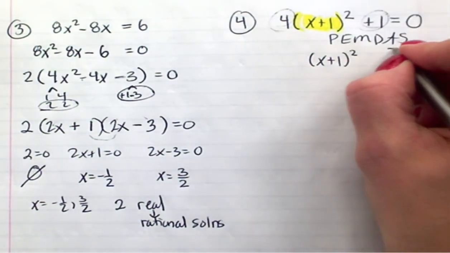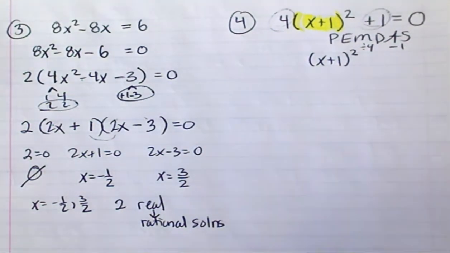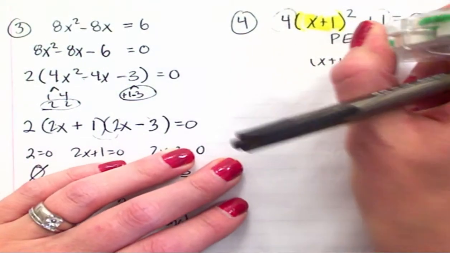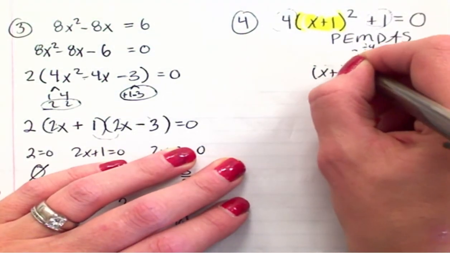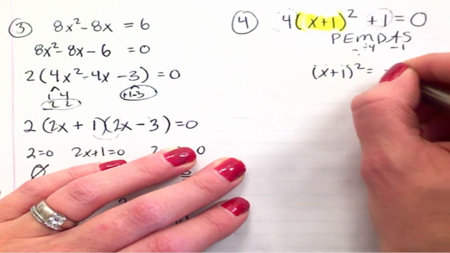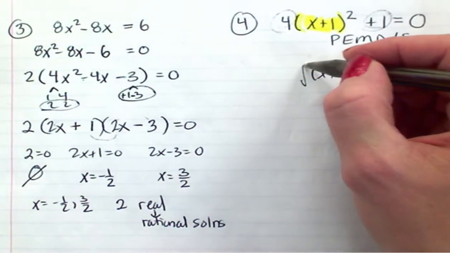Okay, so I need to subtract 1, and then I'm going to divide by 4. Just give myself a little more room. Minus 1, divide by 4. Square root. Okay, square root.